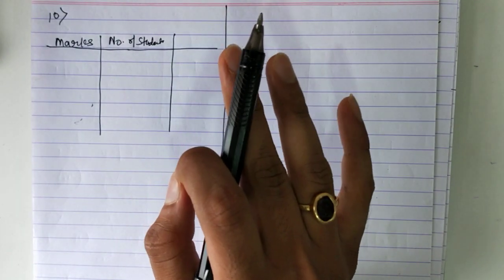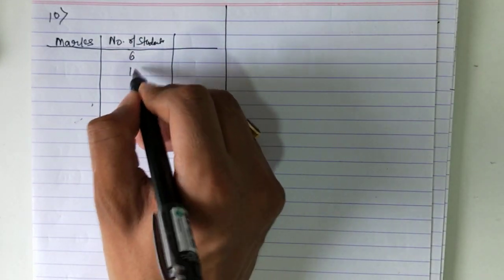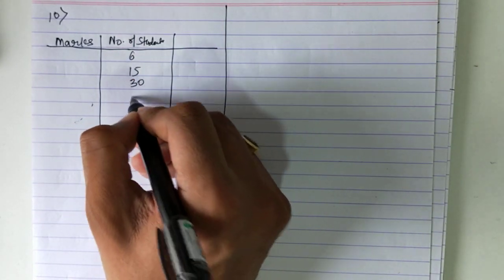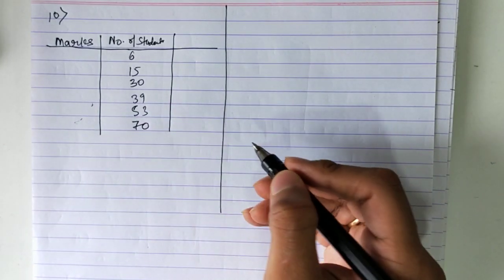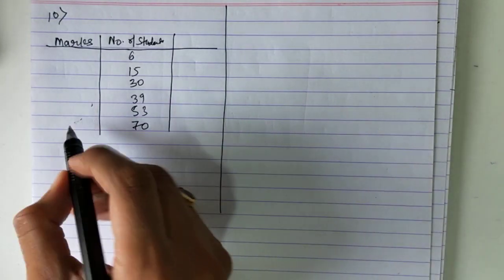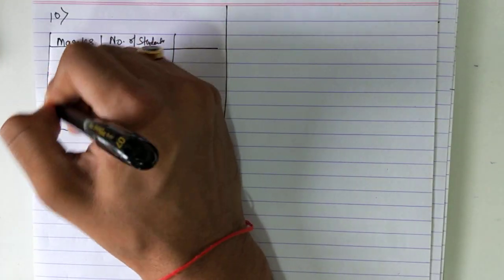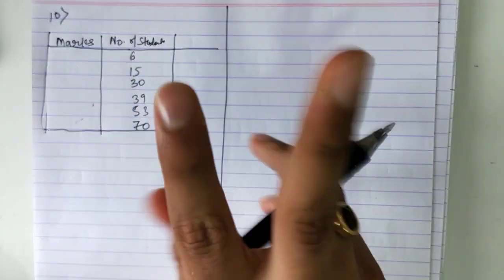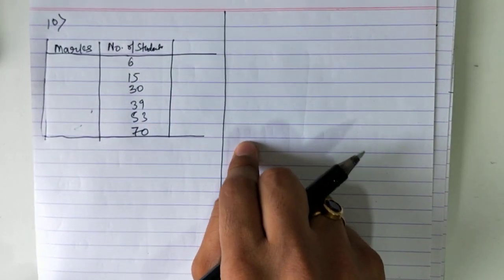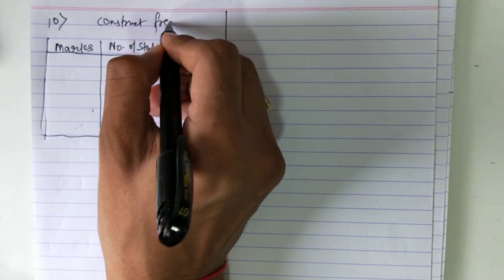See, these values of number of students are 6, 15, 30, 39, 53 and 70. Nowhere in this question is it mentioned that these values are cumulative frequency. But there are two hints here to understand. First of all, in the question they have said construct a frequency table.